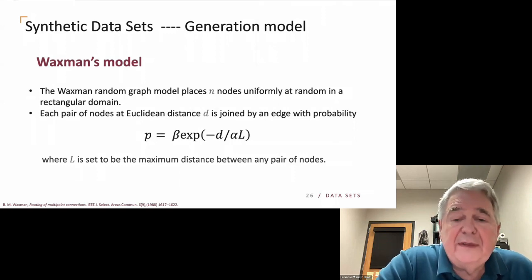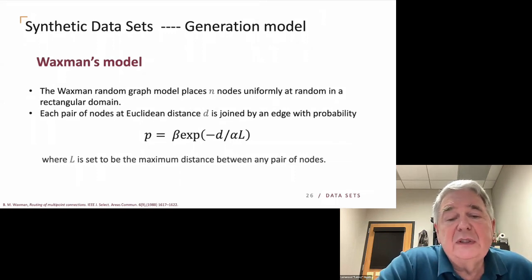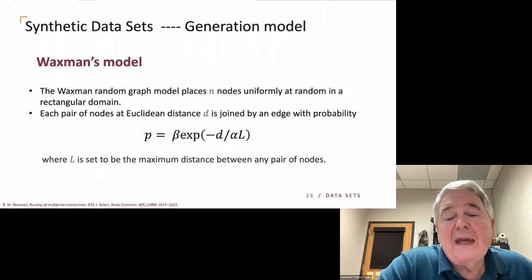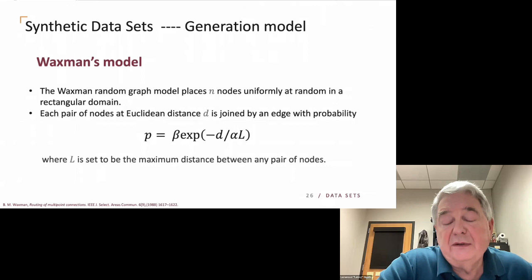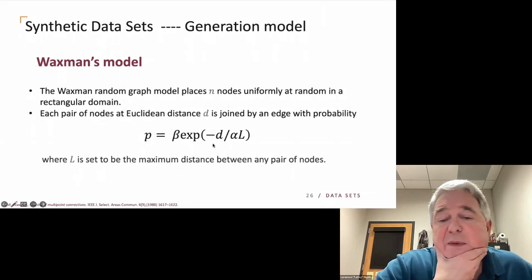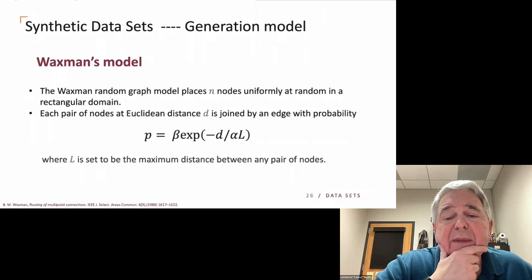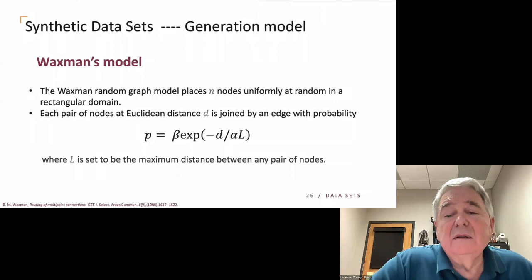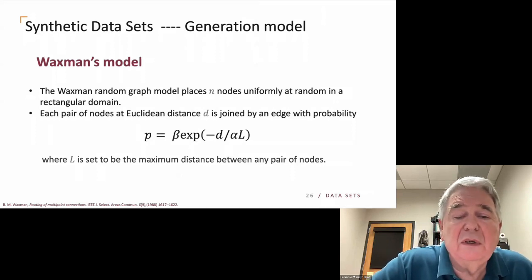The further apart they are, that is, the larger the Euclidean distance, the lower the probability. There are two parameters, alpha and beta, that also control this probability, and L is the maximum distance between any two pairs. So the Waxman model is there to simulate that nearby people are more likely to be connected in a social contact network. And we were just trying this model out to see how it would perform.